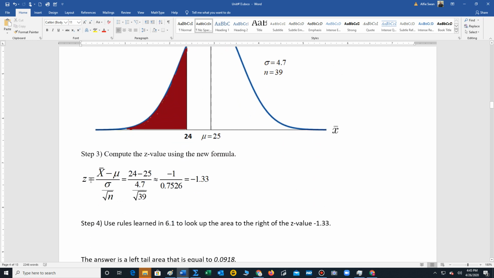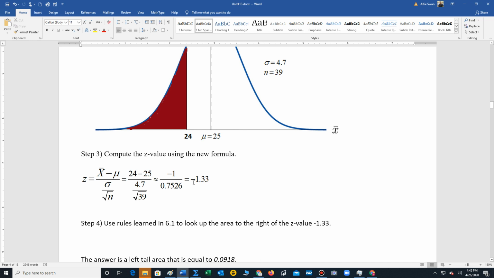So what we need to do is we need the z value for 24. So let's convert our x bar value to a z value. We plug all our information in, and we end up getting a z value of negative 1.33.